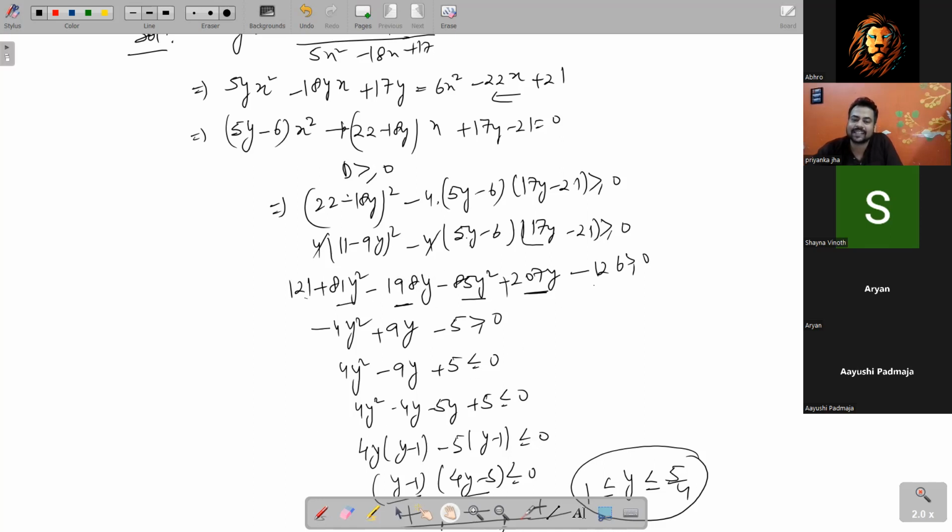When this 4 divides 0, it will become 0 only. But 4 into 11 won't be that value, right? I took 2 out, so 2 will come with the square, it will become 4. And now 11 is in the bracket. Oh, okay, like that.